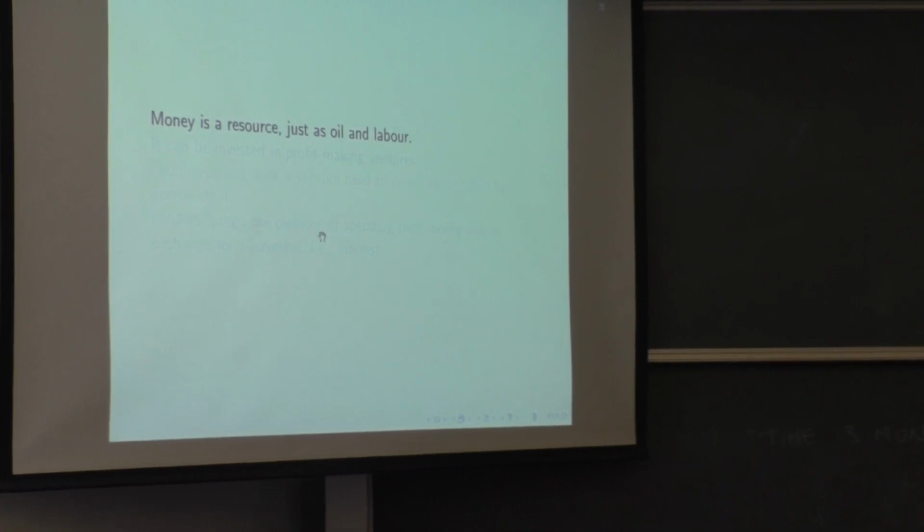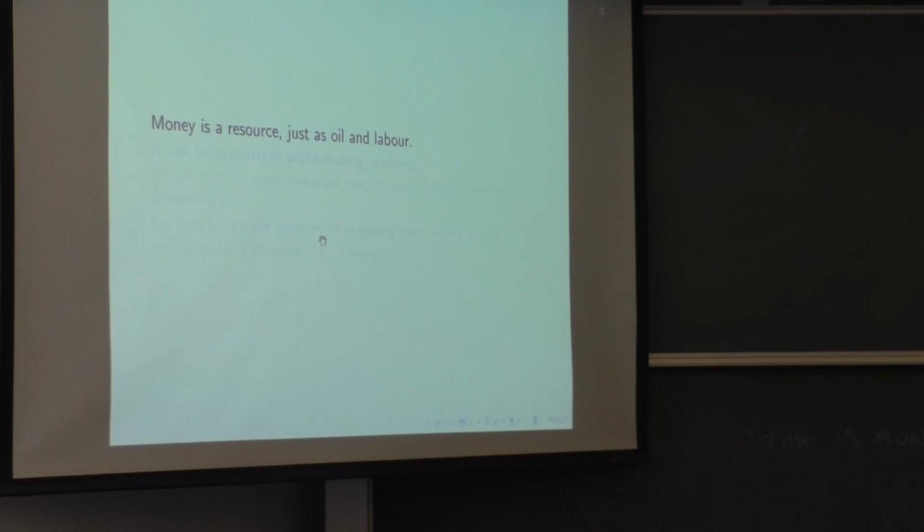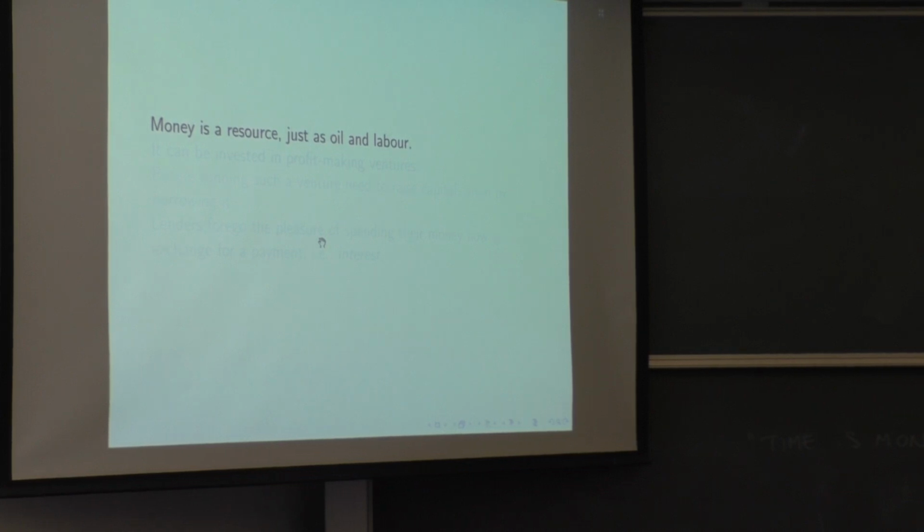And then you're going to have money to pay for the machines and to pay for your workers and all that. So money is a resource. And just as if you were to let me use your house, which is a very nice resource, you would expect to get rent. So you can think of money being given to someone in exchange for rent.